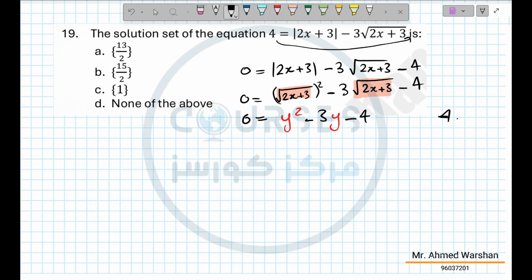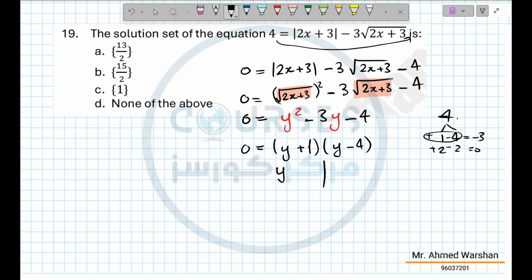So we have the 4. 1 times 4, 2 times 2, the big is negative, the small is positive, negative 3, so it's this one. So 0 equals y plus 1 and y minus 4. Solve, so y equals negative 1, y equals 4.